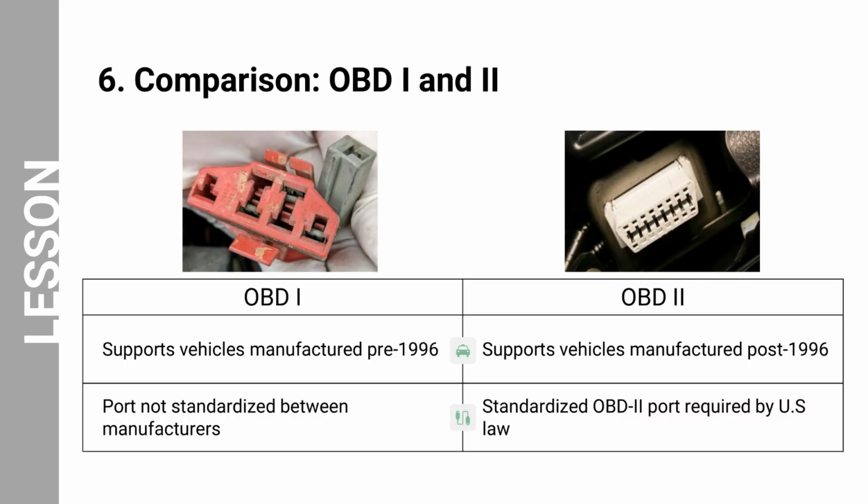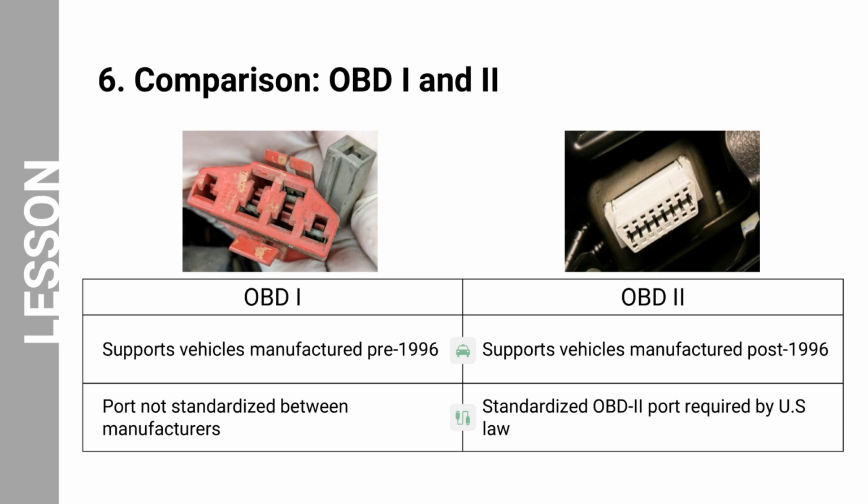Now, let us compare OBD1 and OBD2, two generations of onboard diagnostics (OBD) systems that have played a significant role in vehicle diagnostics and emission control. One of the key differences between OBD1 and OBD2 is the time frame of vehicle support. OBD1 was primarily designed to support vehicles manufactured before 1996, while OBD2 was introduced to support vehicles manufactured from 1996 onwards.